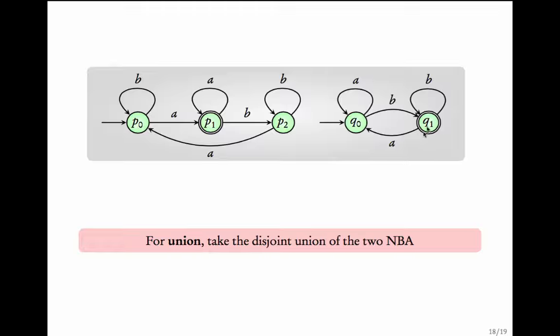You look at this entire thing as one automaton. For any word, the automaton can non-deterministically choose to start reading that word either from this automaton or from this automaton because there are multiple initial states. So here it is similar to the finite case.